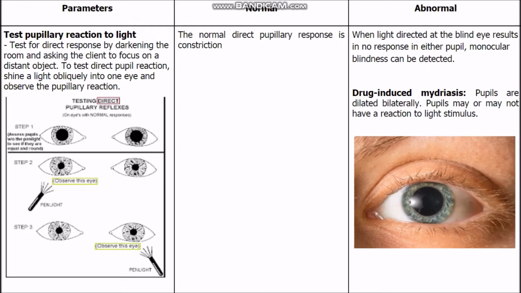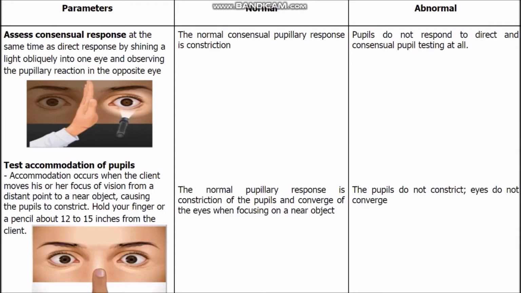So there's also another factor if the eyes will not constrict, and that is drug-induced mydriasis. So pupils are dilated bilaterally. Pupils may or may not have a reaction to light stimulus. So next is to assess for the consensual response.